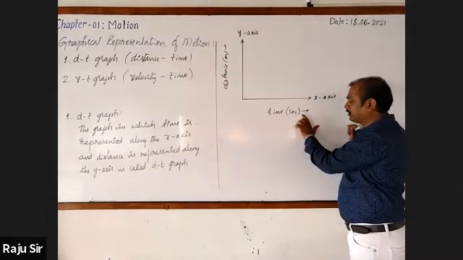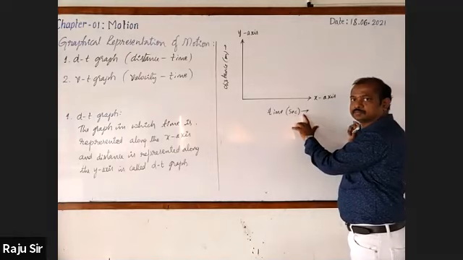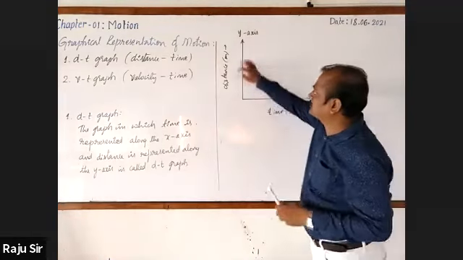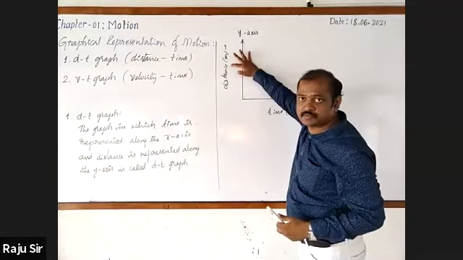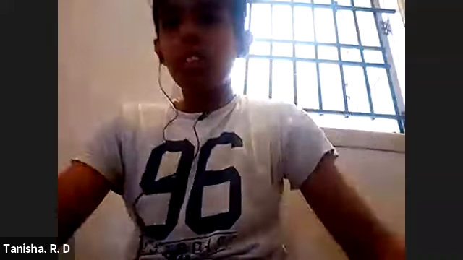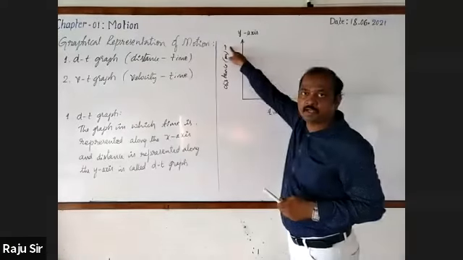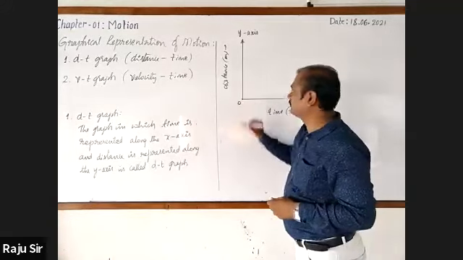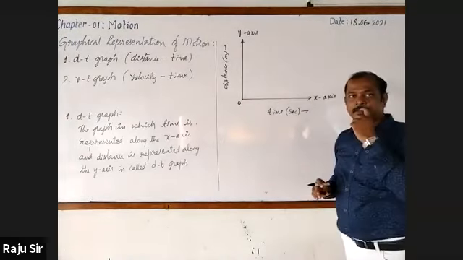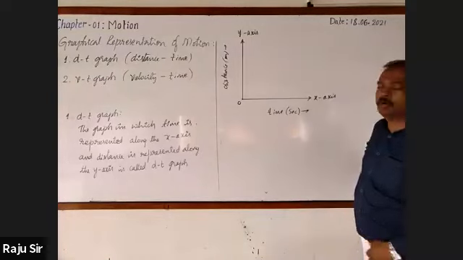Without fail, you have to show the arrow mark. Next, along y-axis, write distance, in bracket, meter. Show the direction as well. And this is the point of intersection of both the axes. Represent it with O.